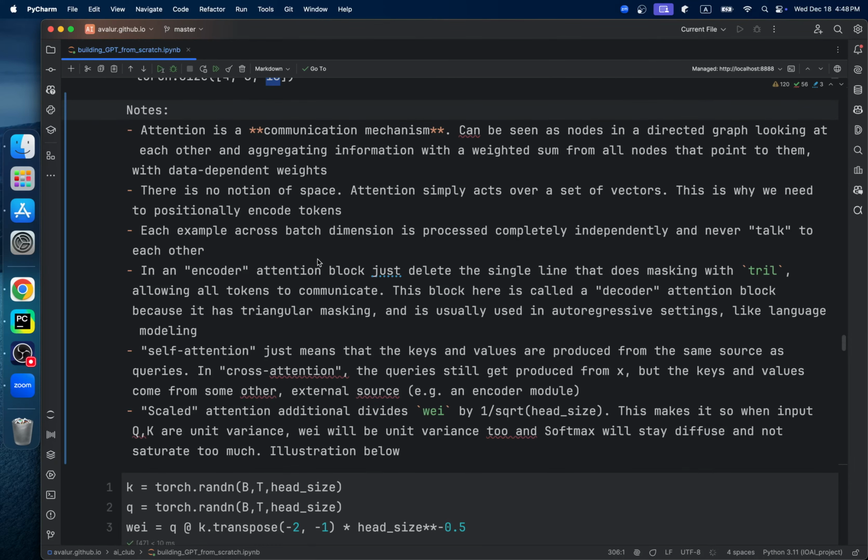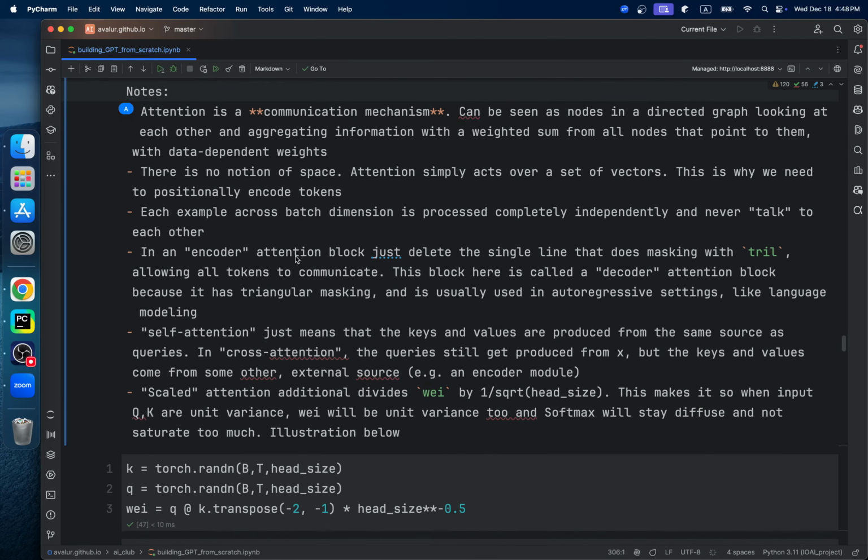And so it was the example with the lower triangular mask for the decoder step, and in the encoder step we have no masking, because all the tokens from the input should communicate with each other, to enrich each other with information and get contextual embeddings.